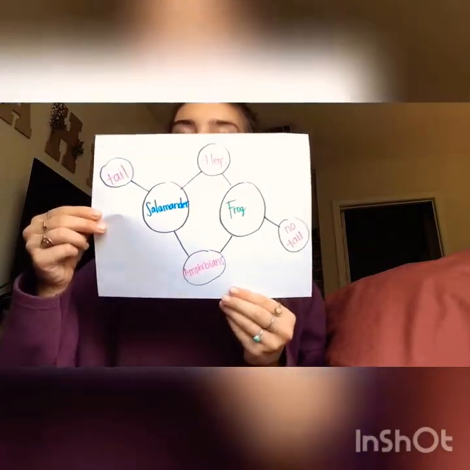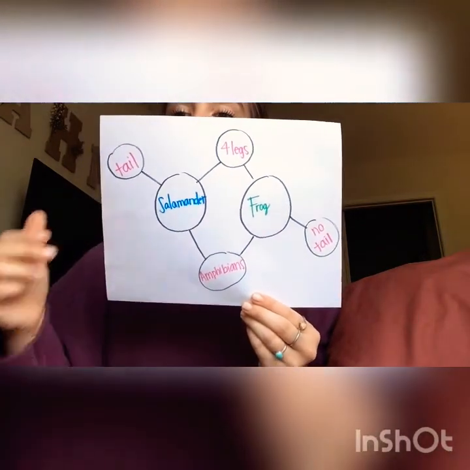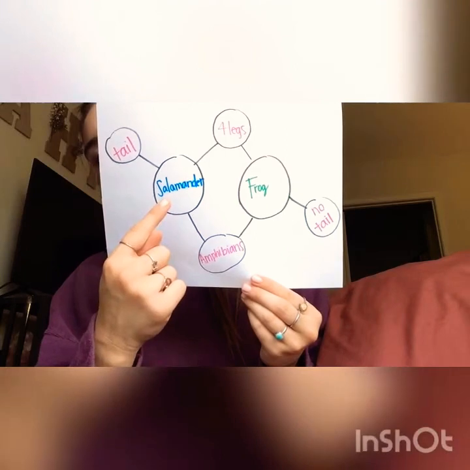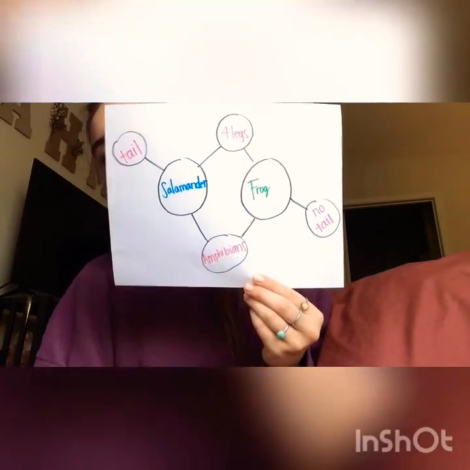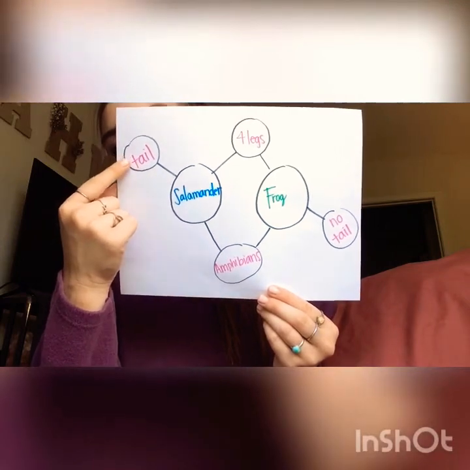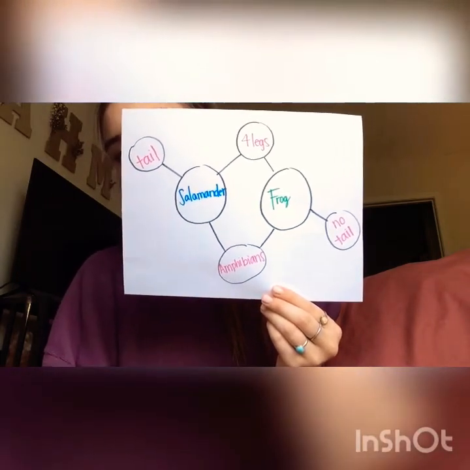You're going to do this using either a T-chart or a double bubble map. So I have made a double bubble map and I've done just a few things. So I have my salamander bubble and my frog bubble. And for my salamander, I said that something that's different is that a salamander has a tail.